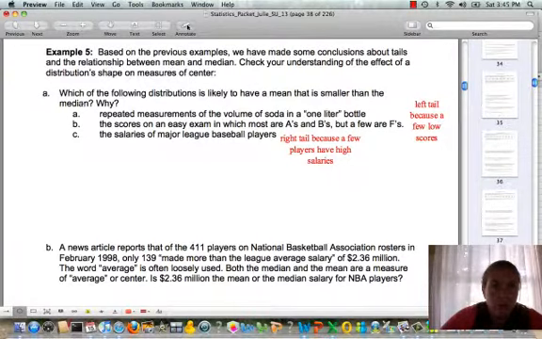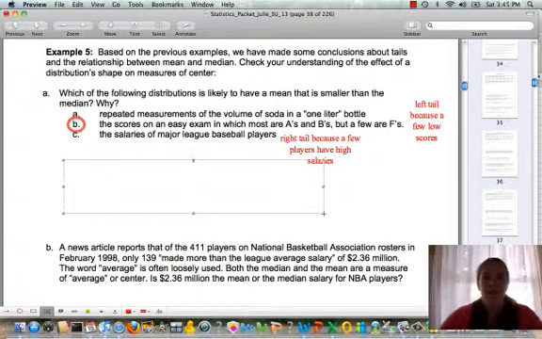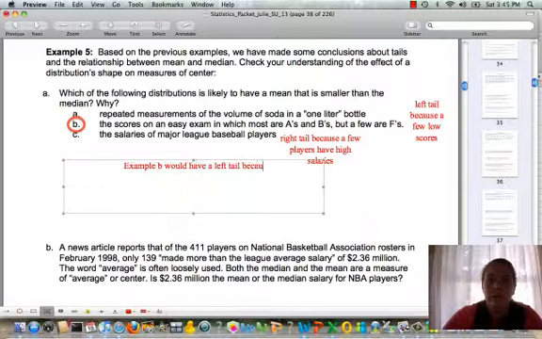I'm going to go ahead and circle example B. Okay, there, I circled example B. So we're going to say here, example B would have a left tail because there are a few low scores in the class.